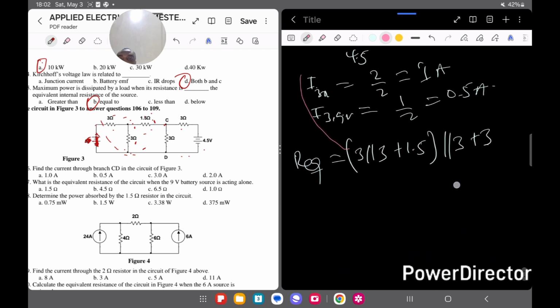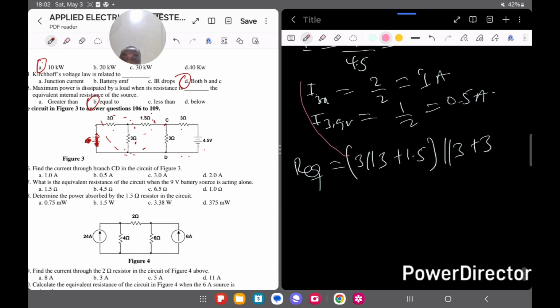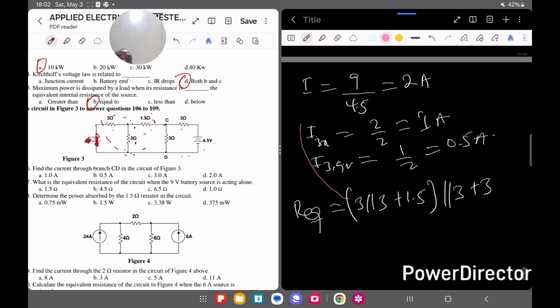Yes, everything is the same as the other one we got. So because of that, we just know that in that case, the equivalent resistance here is going to be 4.5 ohms.